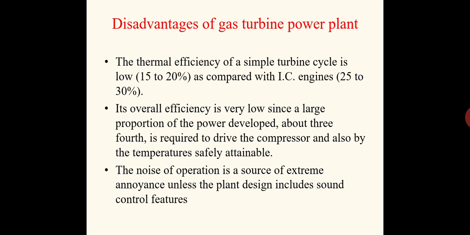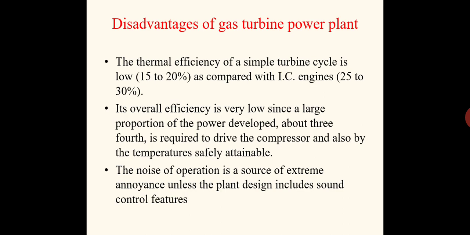Coming to the disadvantages of gas turbine power plant, the thermal efficiency of the simple turbine cycle is low. Actually, if you compare the thermal efficiency, the gas turbine power plant is having low thermal efficiency. Mechanical efficiency, it is having very high, 95% mechanical efficiency, since it has no moving parts. But the thermal efficiency is actually the final power produced, the work output we can say, the power input to the alternator, that is the final output power from the turbine set.